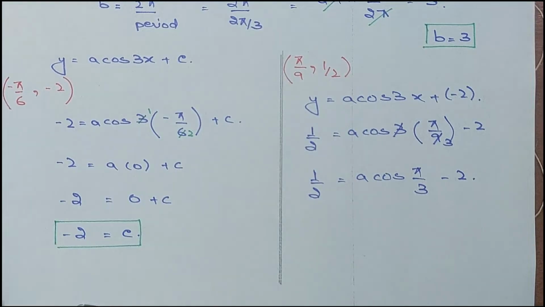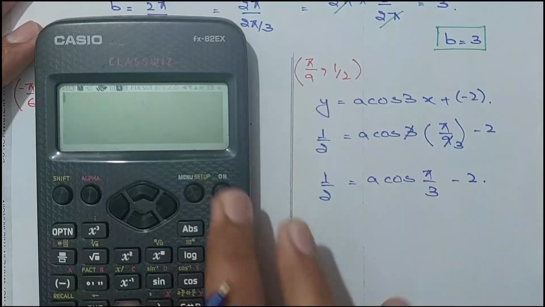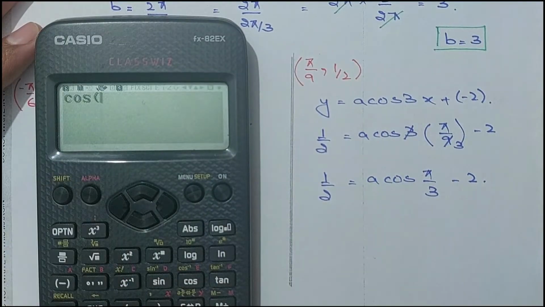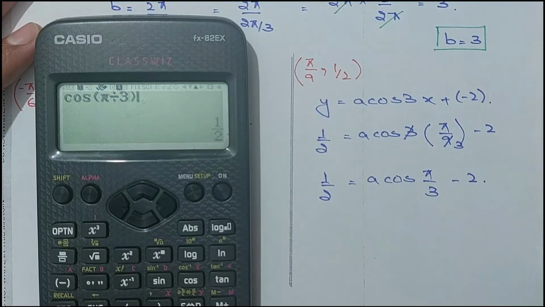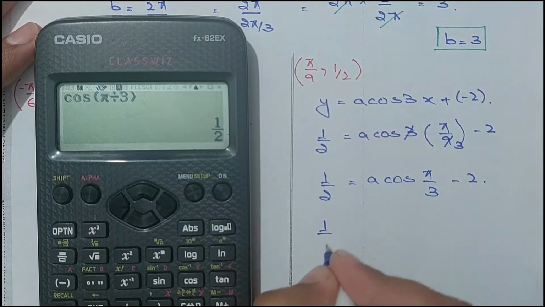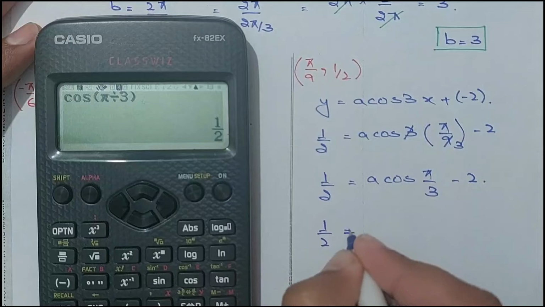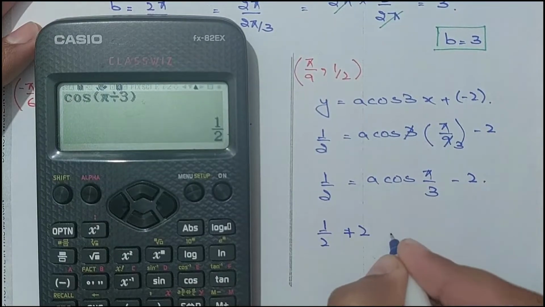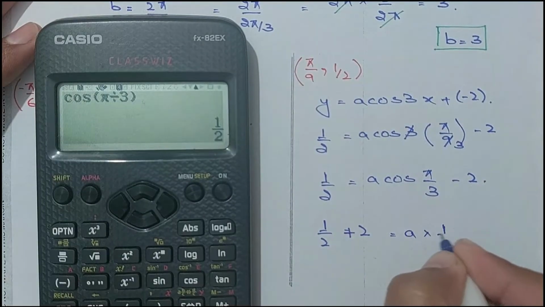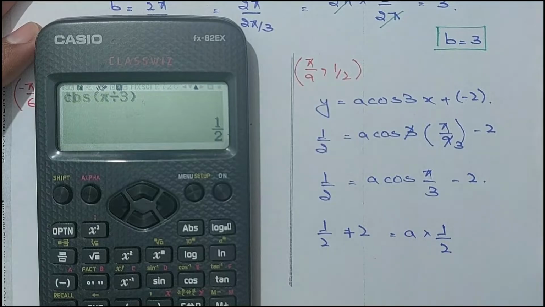Let me simplify this. We have cos pi by 3 is 1 by 2. So 1 by 2 equals a into 1 by 2 minus 2. Shifting the 2 to the other side, 1 by 2 plus 2 is 5 by 2. This equals a into 1 by 2.